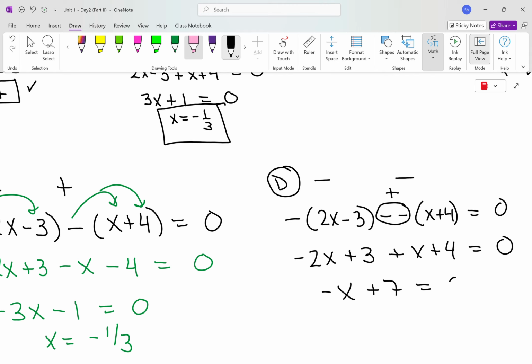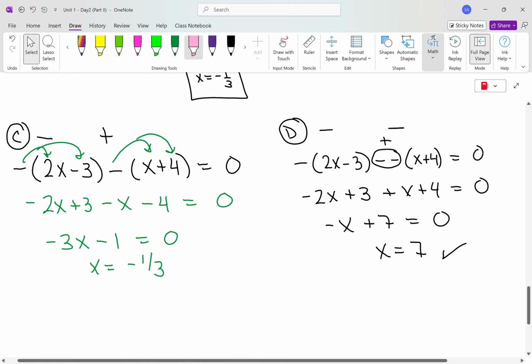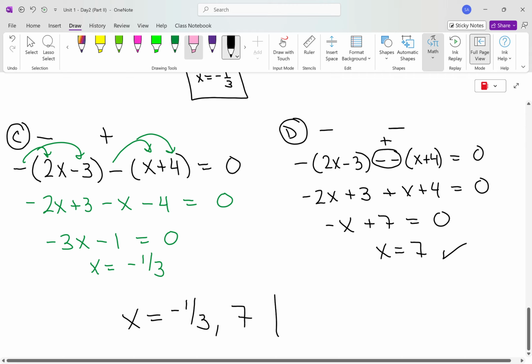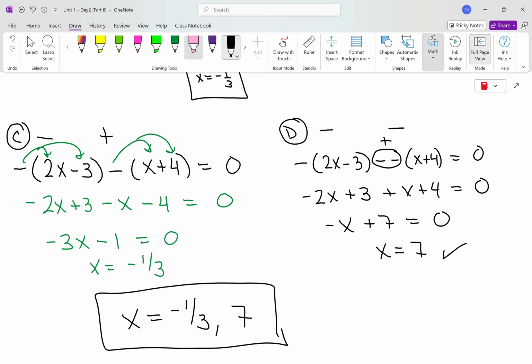So we are at, what did I do? Okay, negative x plus 7 equals 0. X will equal 7. Didn't we already get x equals 7? And we know it works. So our two solutions are going to be x equals negative 1/3 or 7.